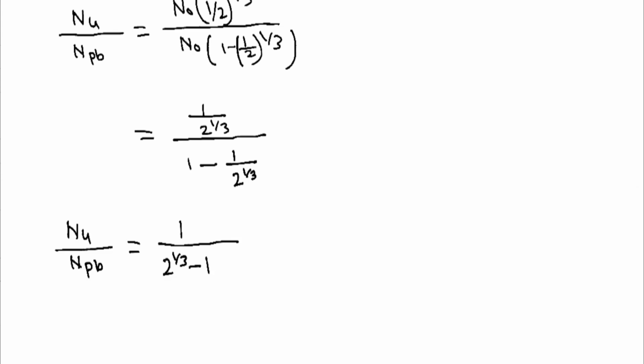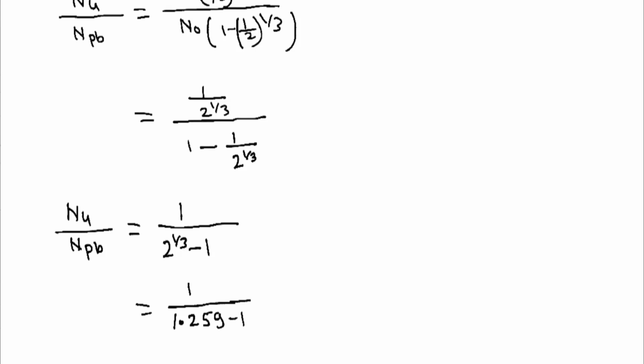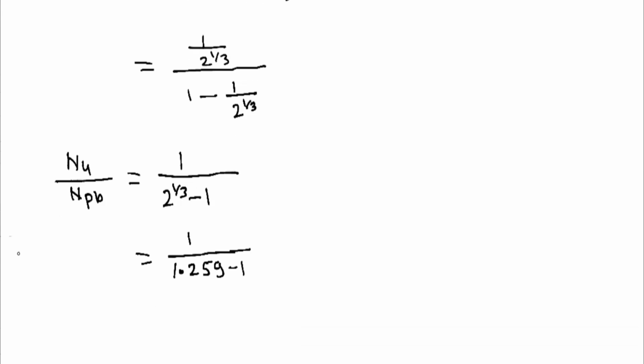And this value, 2 to the power 1/3, is given in the question as 1.259. So 1.259 minus 1, and the ratio Nu divided by NPV is equal to 1 by 0.259, clear?